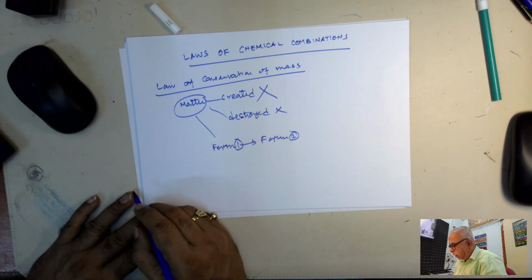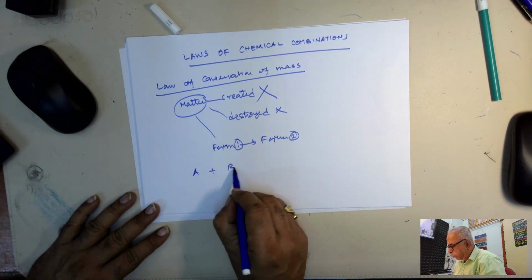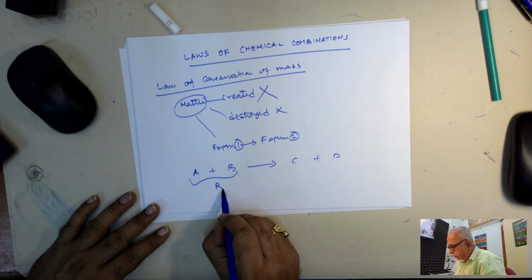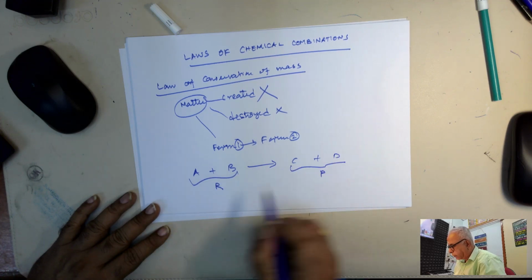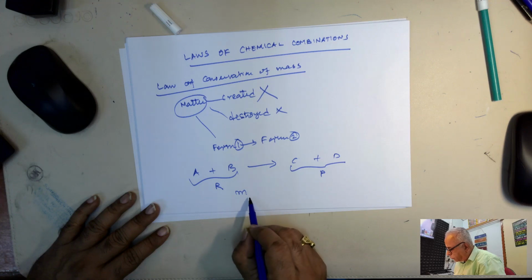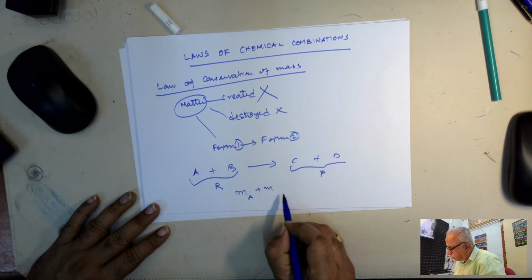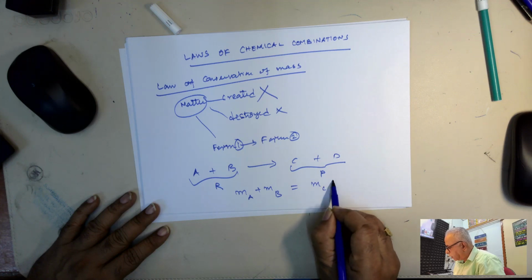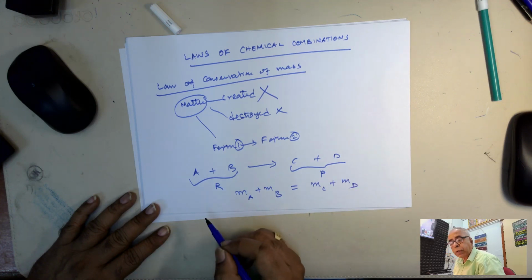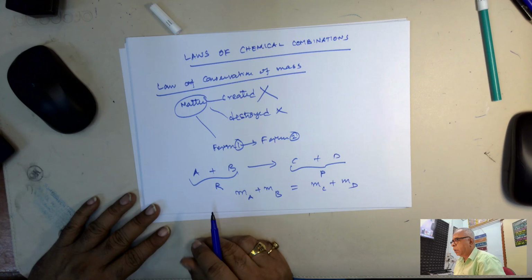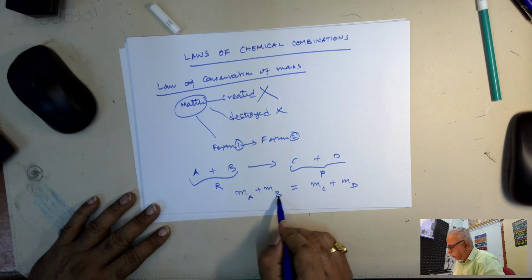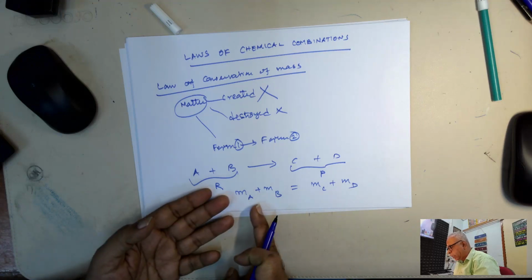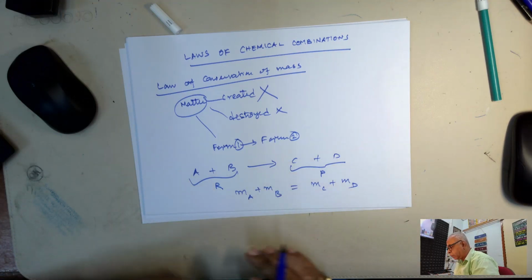Let me consider A reacts with B to give C plus D. These are reactants and these are products. So the mass of A plus the mass of B should be equal to the mass of C plus the mass of D. Since we have only two reactants and two products, I can simply write Ma plus Mb is equal to Mc plus Md.